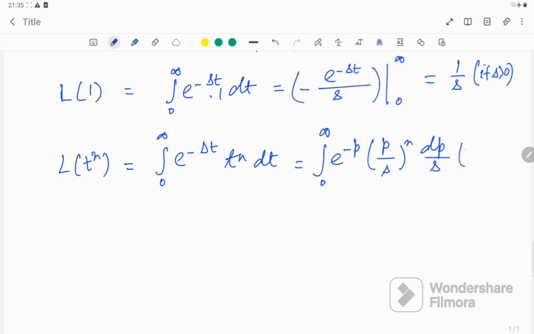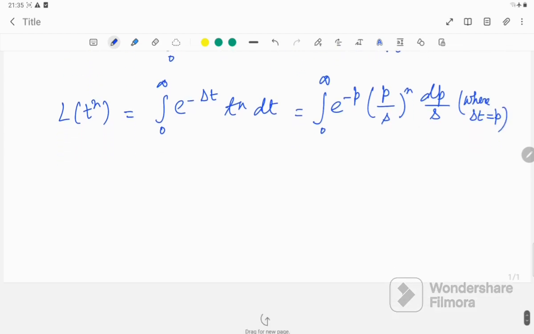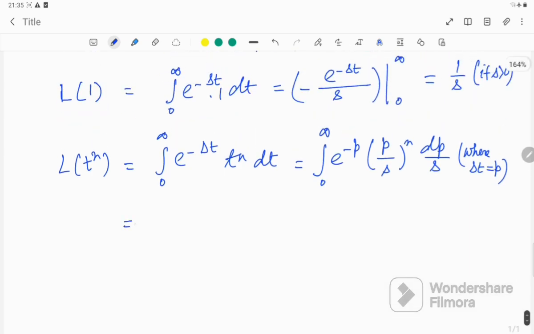We have assumed st is equal to p. So this will be like this. This is a gamma function.